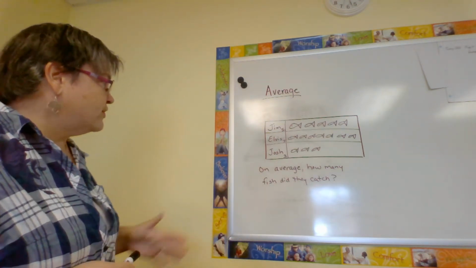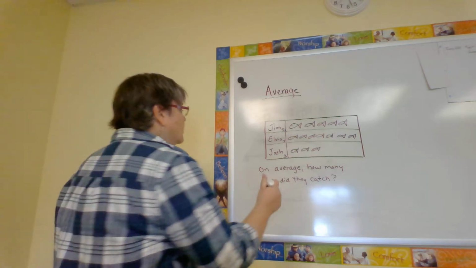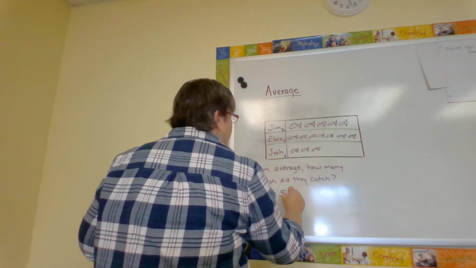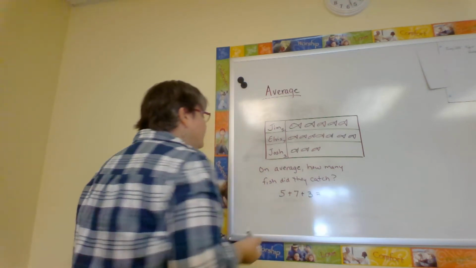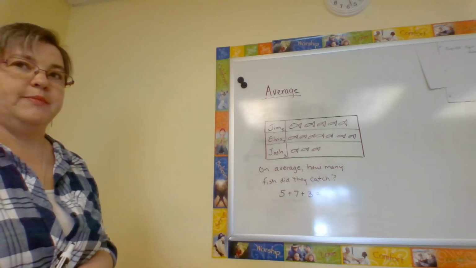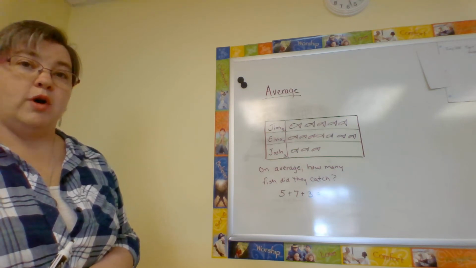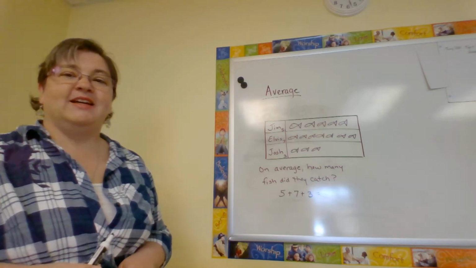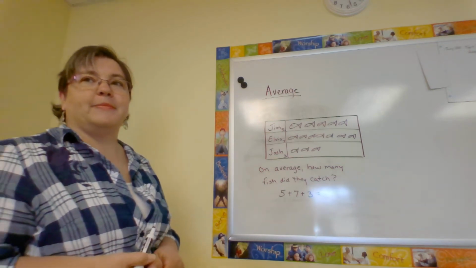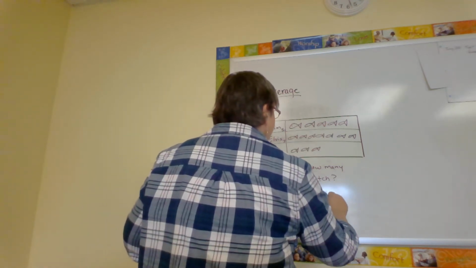In order to find the average, what am I going to do with the numbers? First, I'm going to add them all. What is 5 plus 7 plus 3? 5, 7, 8, 9, 10, 11, 12, 13, 14, 15. 15.